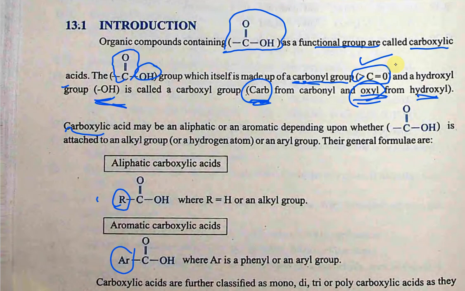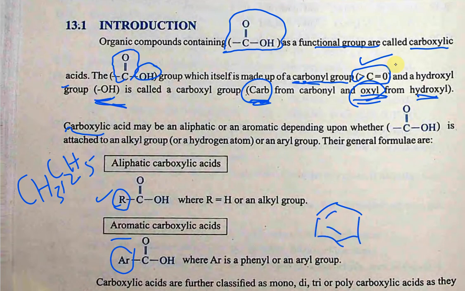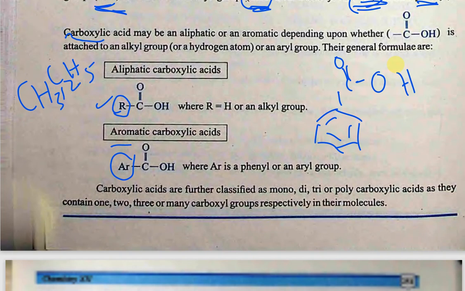And if it is aliphatic, for example, there is CH3, the simplest, and C2H5 and so on. Aromatic may be like benzoic acid. This benzoic acid is an example of an aromatic carboxylic acid.